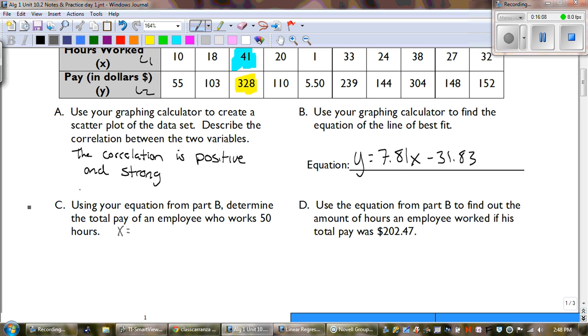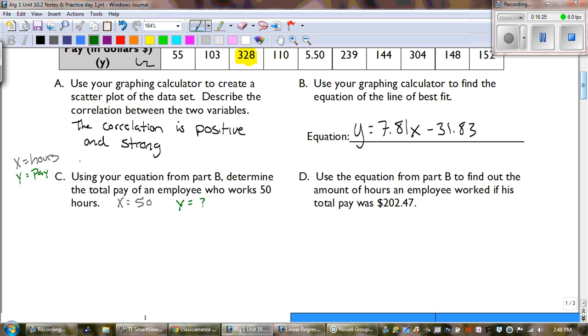So I'm going to write this over here. X equals our hours and Y equals our pay. So they're saying that X is 50. So that means I need to find out what our Y is. And guess how we're going to do that?